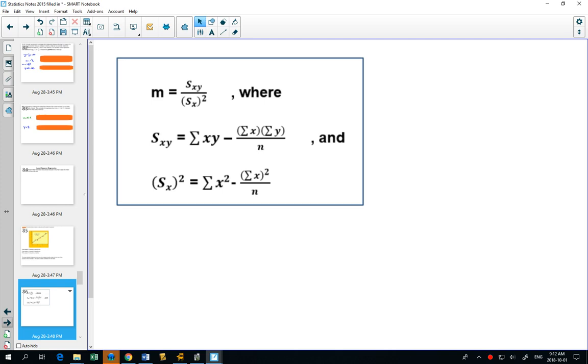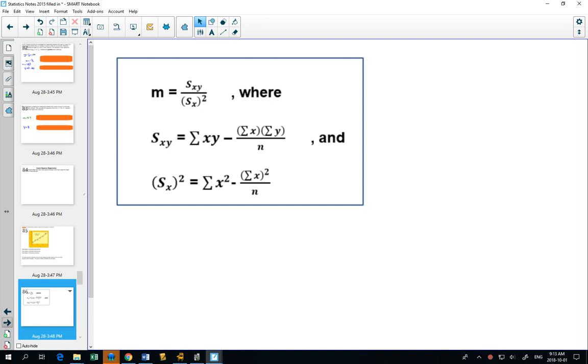So the slope of our line is going to be calculated by multiplying all of our x, y values and adding them all up, then subtracting the sum of all our x values times the sum of all our y values, divided by the number of points, n. All of that is divided by the sum of our x values squared, minus the sum of all our x values altogether squared, divided by n.